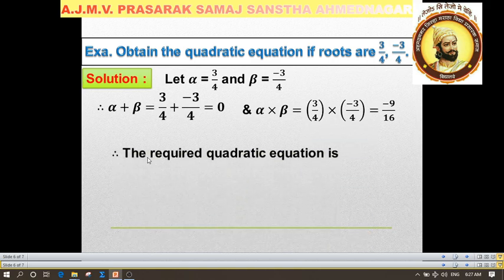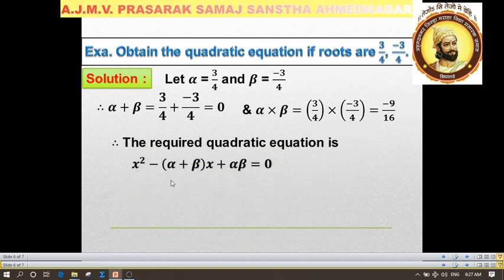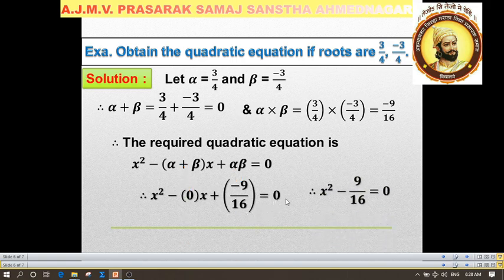Therefore, the required quadratic equation is x square minus (alpha plus beta) into x plus alpha beta is equal to 0. Substituting the values of alpha plus beta and alpha beta, we have x square minus 0x plus minus 9 upon 16 is equal to 0. Therefore, x square minus 9 upon 16 is equal to 0.